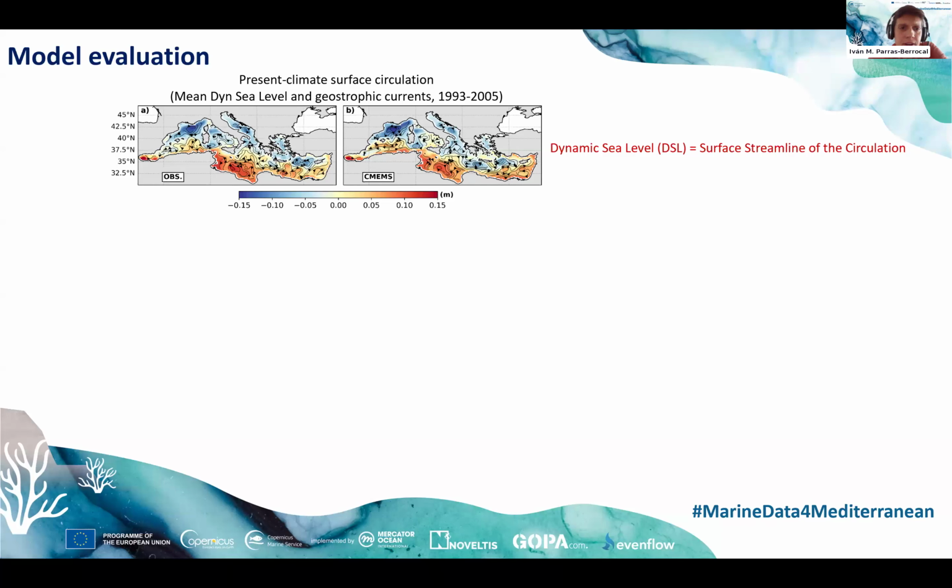And we observe the pattern that I explained at the beginning, with this entry of Atlantic water through the Strait of Gibraltar flowing eastward. It's also important to note that the dynamic sea level gradients correspond to these surface streamlines of the circulation.